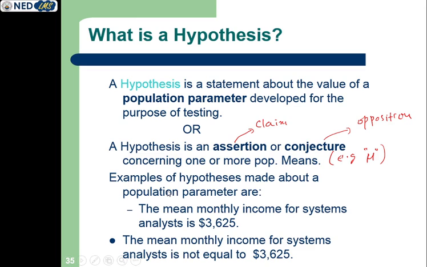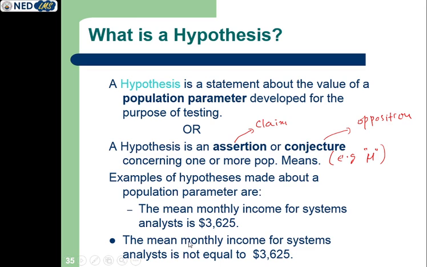For example, the mean monthly income for the systems analyst is $3,625. A person claims that, but another person reports that no, that is not the mean monthly income.